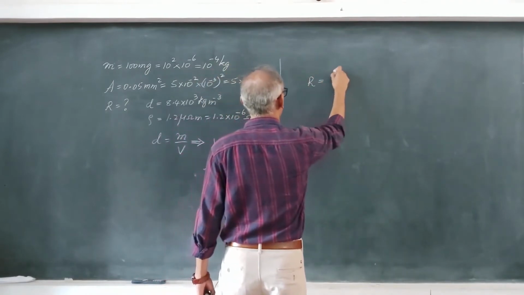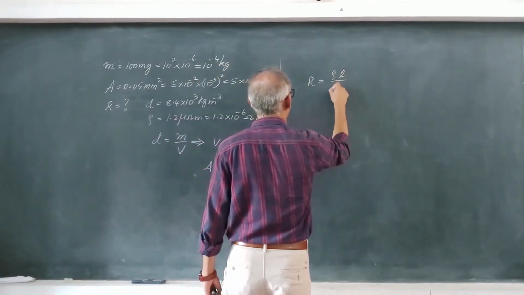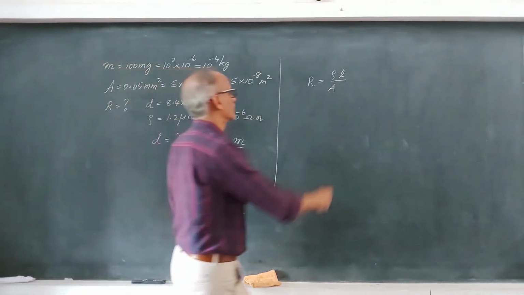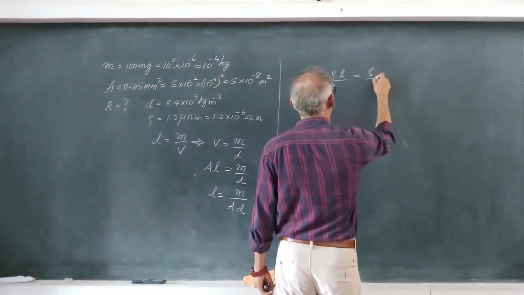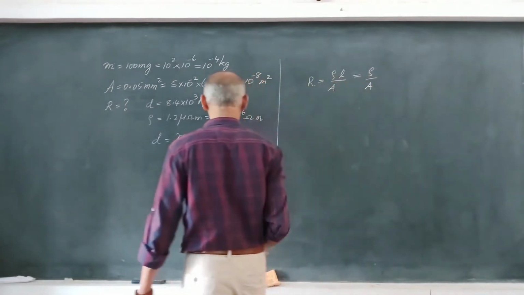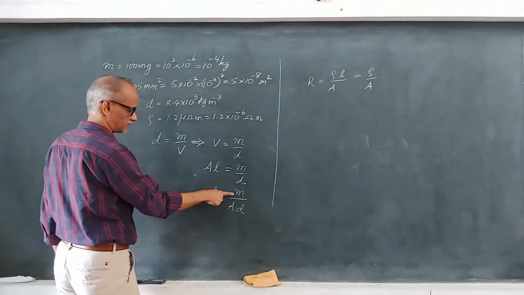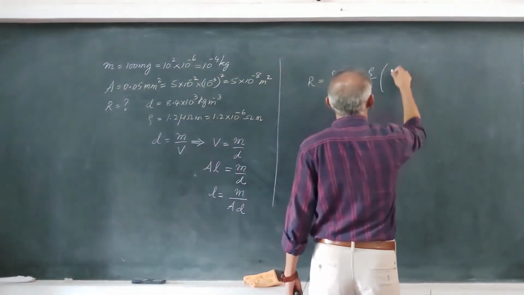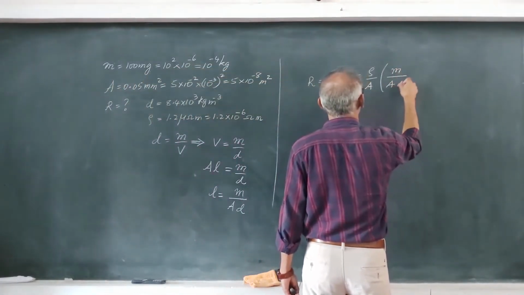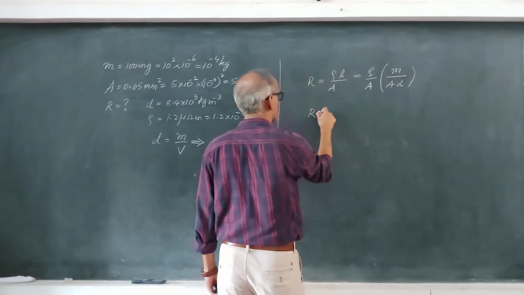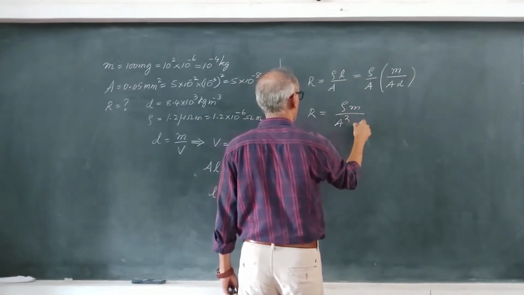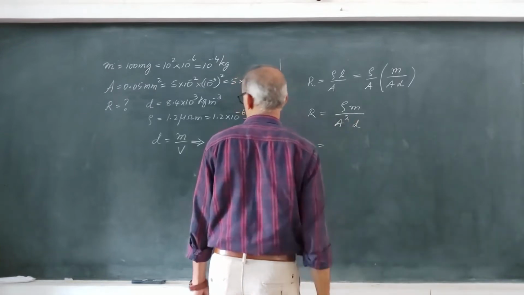Okay. So let us use that in the formula for resistance. R is equal to rho L by A. It's rho by A, and the length formula is here, M by A D. So resistance is equal to rho M by A square into D. What is the resistivity?